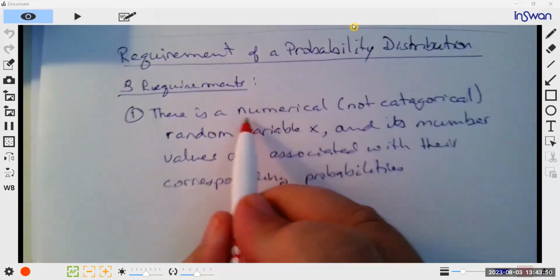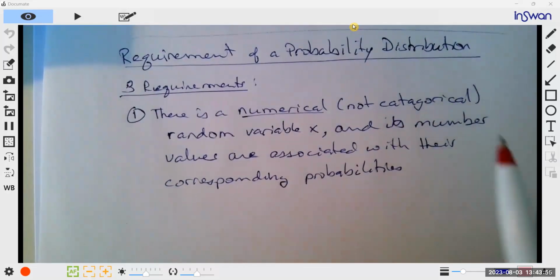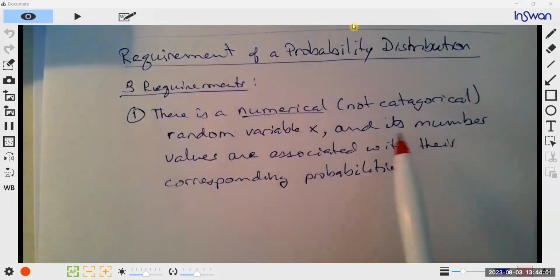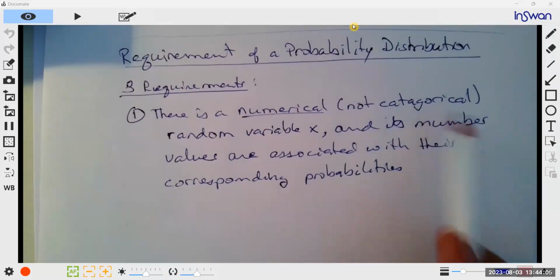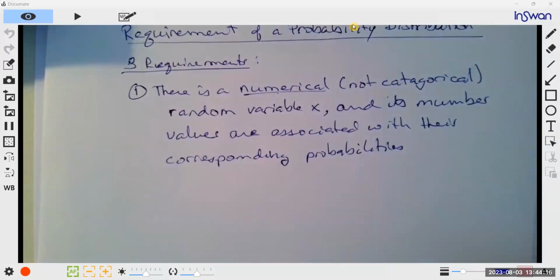Okay, the first one has to be numerical, which means you can add, subtract, multiply, divide. Cannot be categorical. Red, blue, tall, short, because we can't do calculations with those. So you can't find the probability of red, but you can quantify it. You say how many of this category there are. Our numbers have to be numerical, not categorical.